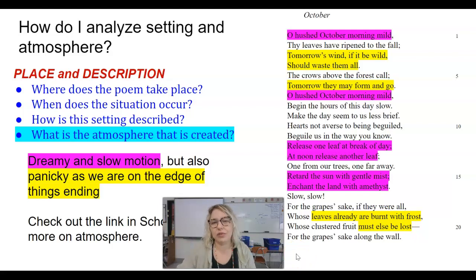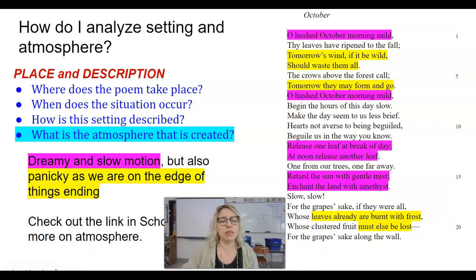Of course, the labels can help too, and sometimes I think that IB says one thing, but doesn't always mean it either. So we want to make sure that we understand the differences too. At any rate, I think there's a panicky feeling created as well with some of these lines about how things are changing and it's about to be lost, and we want to slow it down right now.